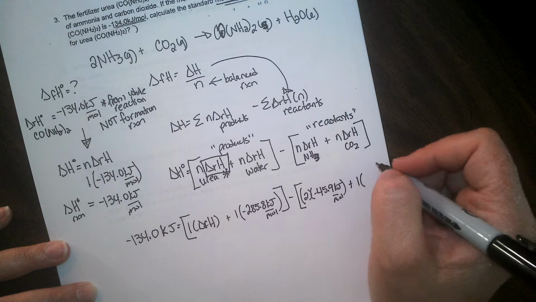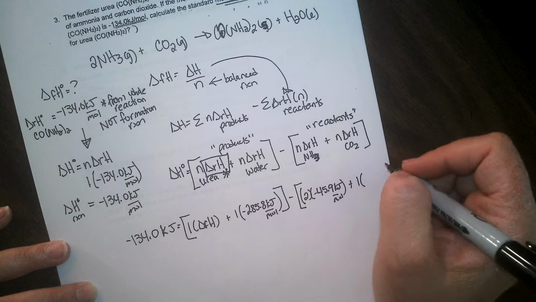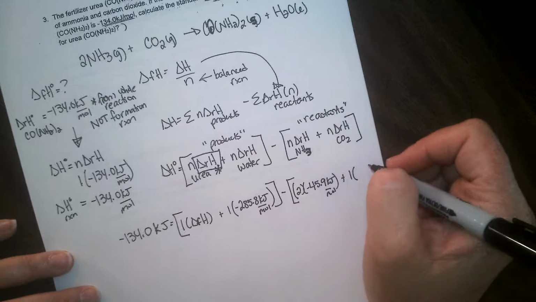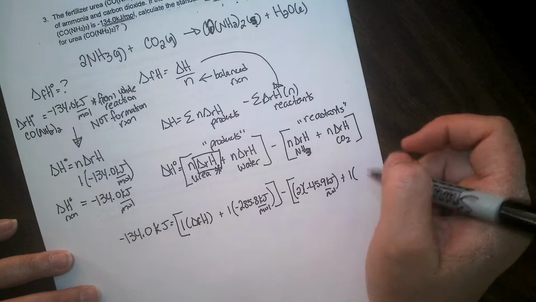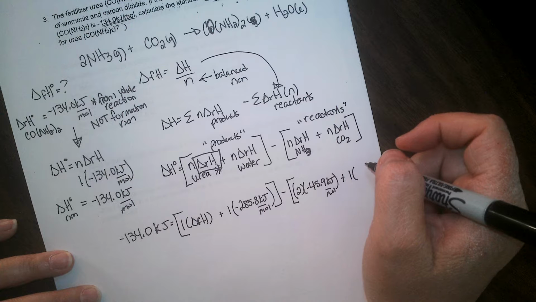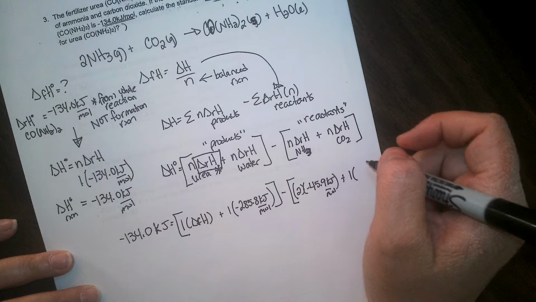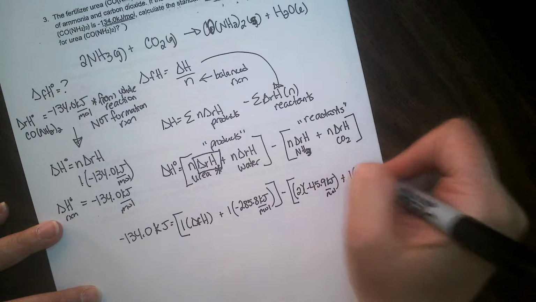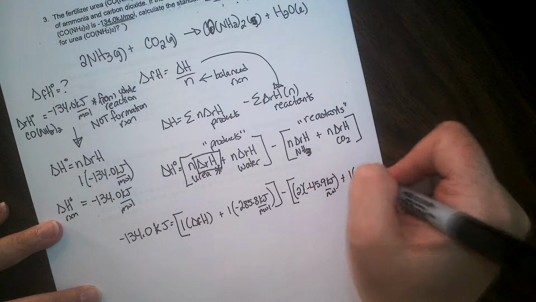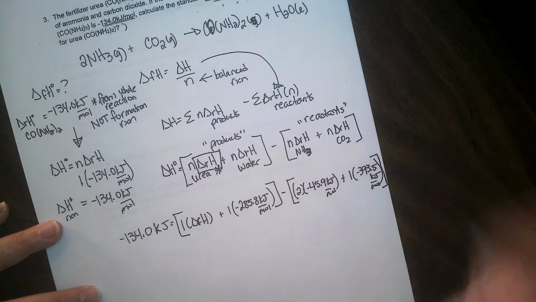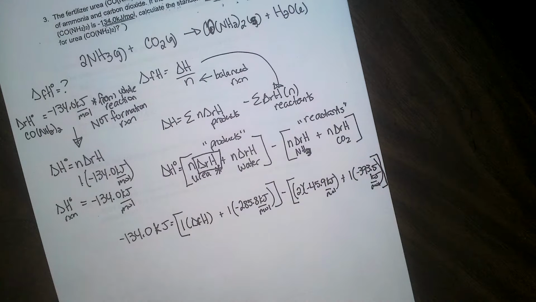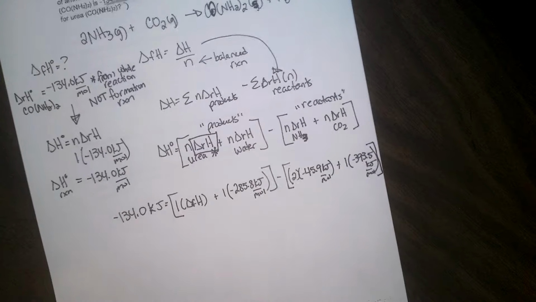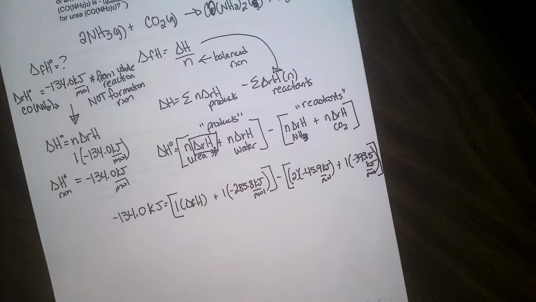It says in the problem liquid water. Oh, yeah. What is the delta HF for carbon monoxide or carbon dioxide? Okay. Yeah, we got 2 minutes. We can solve this one.